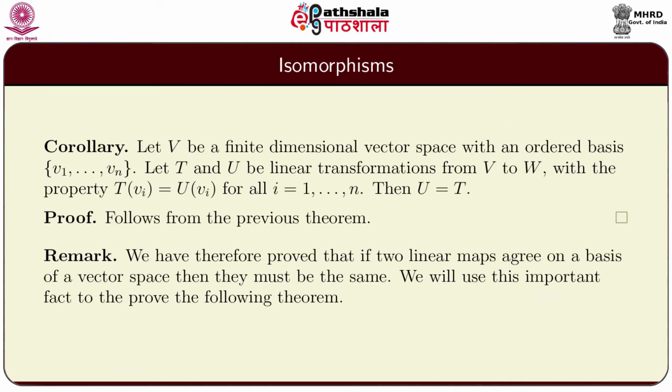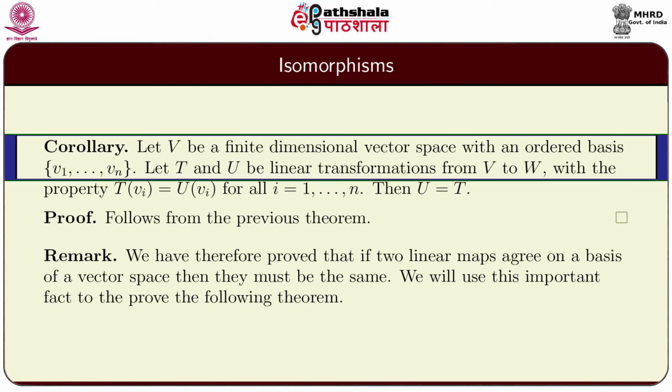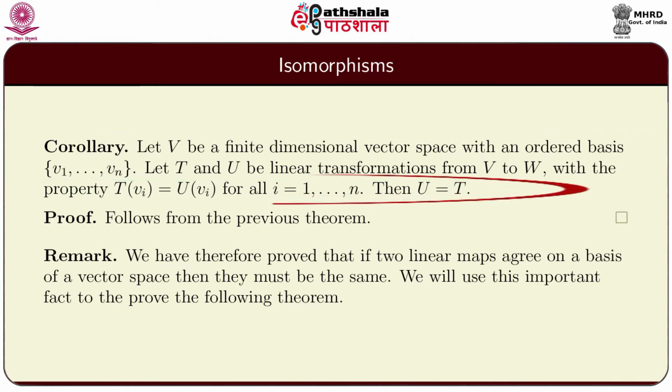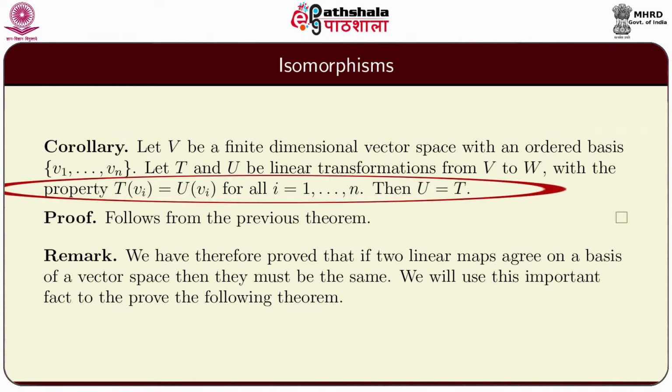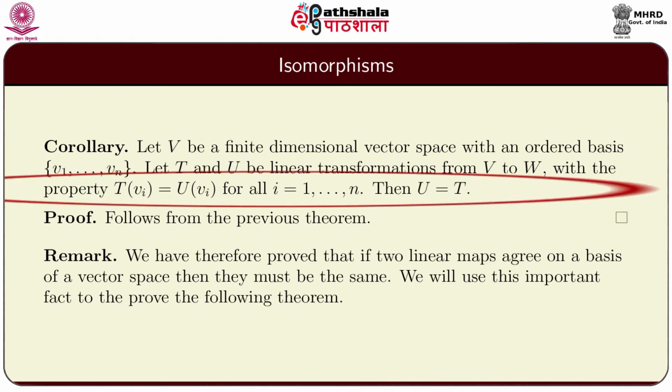Now this corollary is essentially a restatement of the theorem you have seen just now. So let V be a finite dimensional vector space with an ordered basis V1 to Vn. Let T and U be linear transformations from V to W with the property T Vi is equal to U Vi for all i equal to 1 to n.